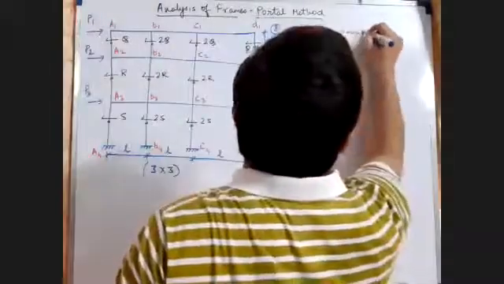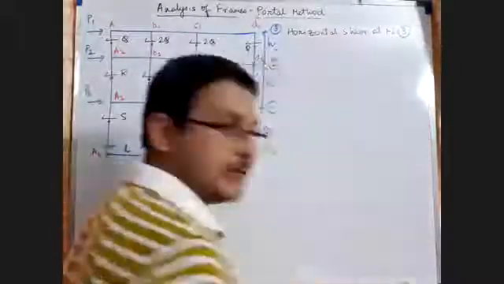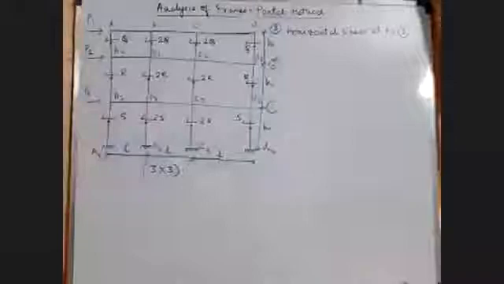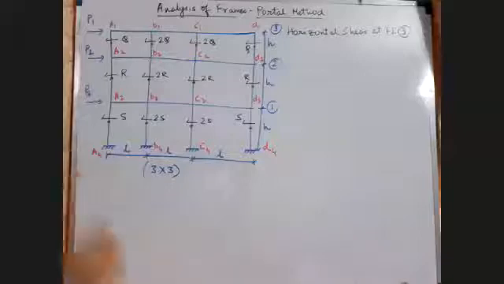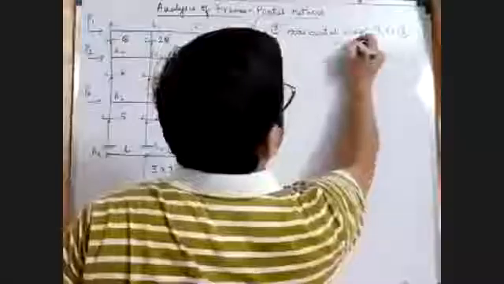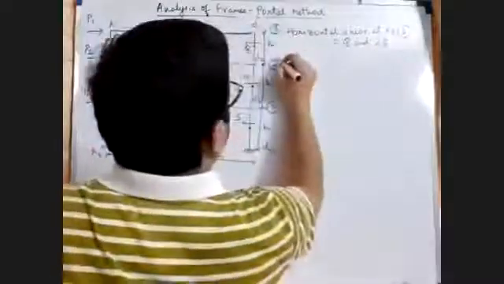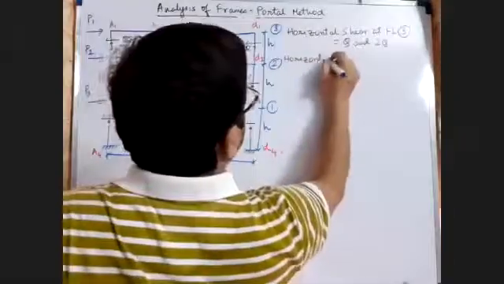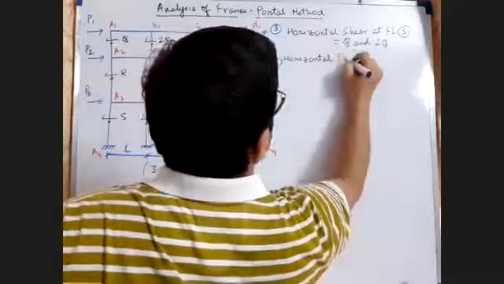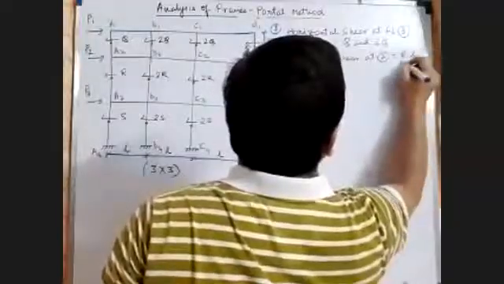So the horizontal shear at floor level 3 is Q and twice Q. Horizontal shear at floor level 2 is R and 2R.